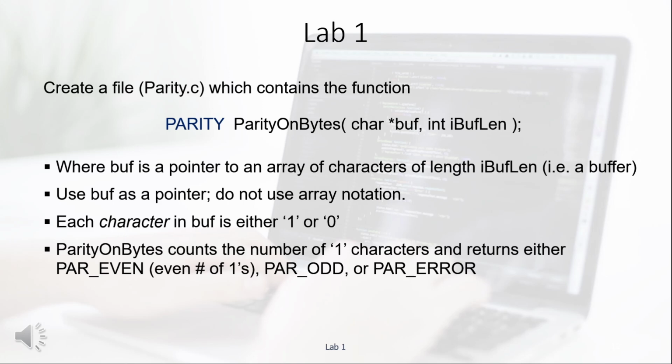If that number is even, we're going to return par even. If the number is odd, we'll return par odd. Otherwise, we'll return par error. For example, if the user does not enter a 1 or a 0, but enters any other character, the function should return par error.